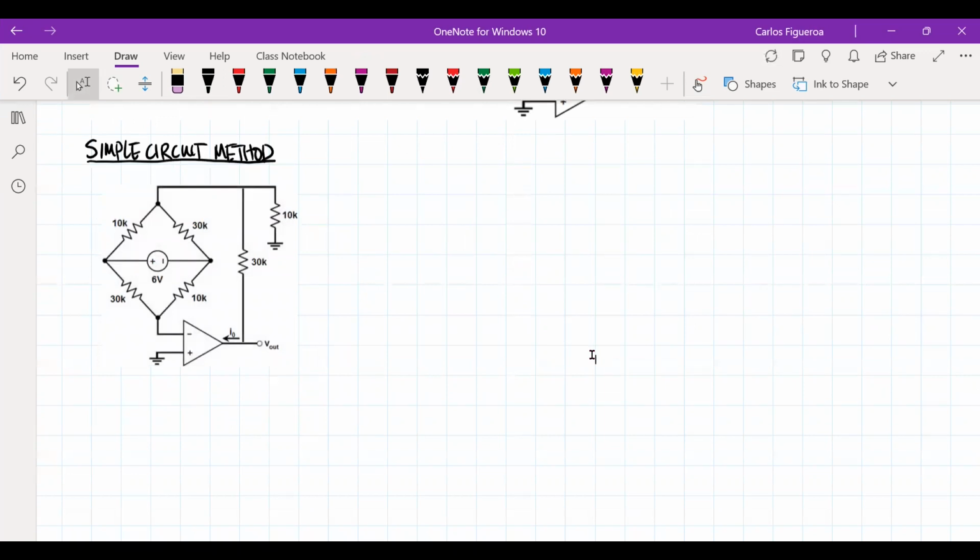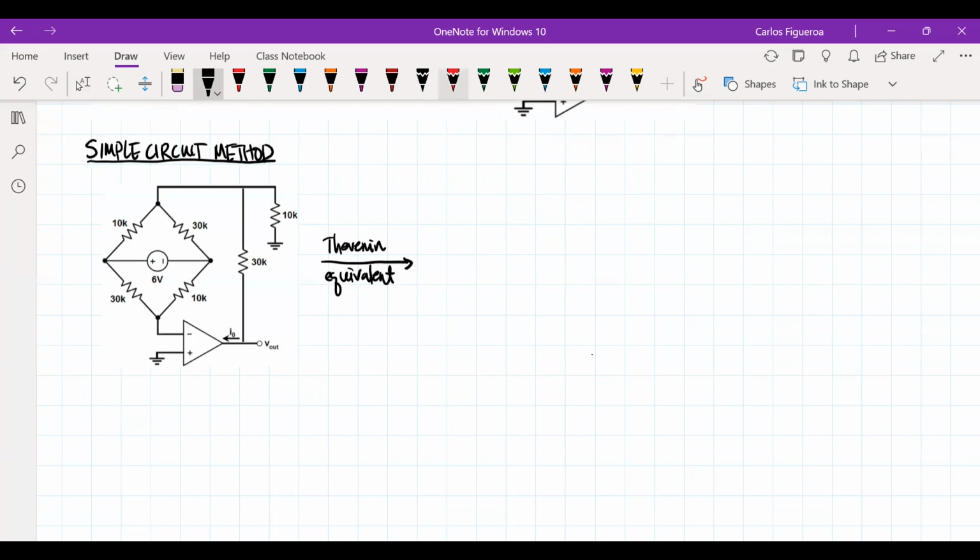But what if I do a Thevenin equivalent? If I do a Thevenin equivalent, I have to pay attention to what I want to do here.